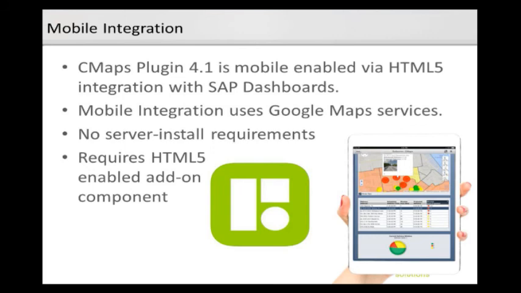As long as you have SAP Business Objects 4.1 and the mobile app and the dashboard technology, which you've already likely invested in, then you can just install the new plugin and get rocking and rolling building map capabilities. It does require a newer version of our plugin, so for existing customers, or if you download a trial off of our website, you will need to request the HTML5 compatible component. So you can take your dashboards, install the new component, and then publish to mobile device.